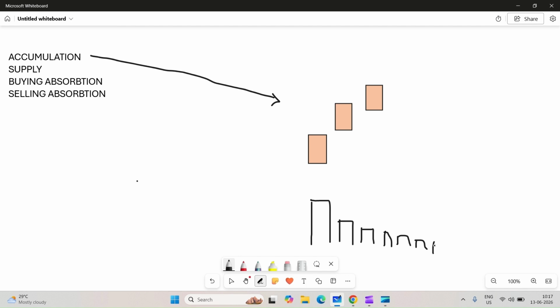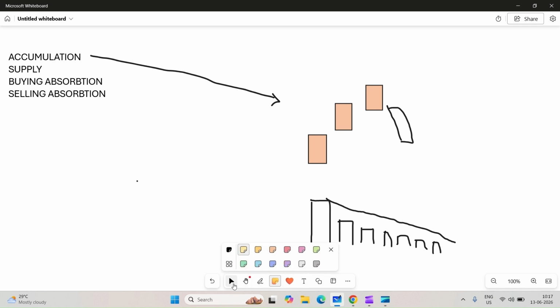They will buy in smaller quantities, so the stock volume will decline. This is basically the volume. The stock volume will decline and the price will move in a range. It won't show bigger moves.